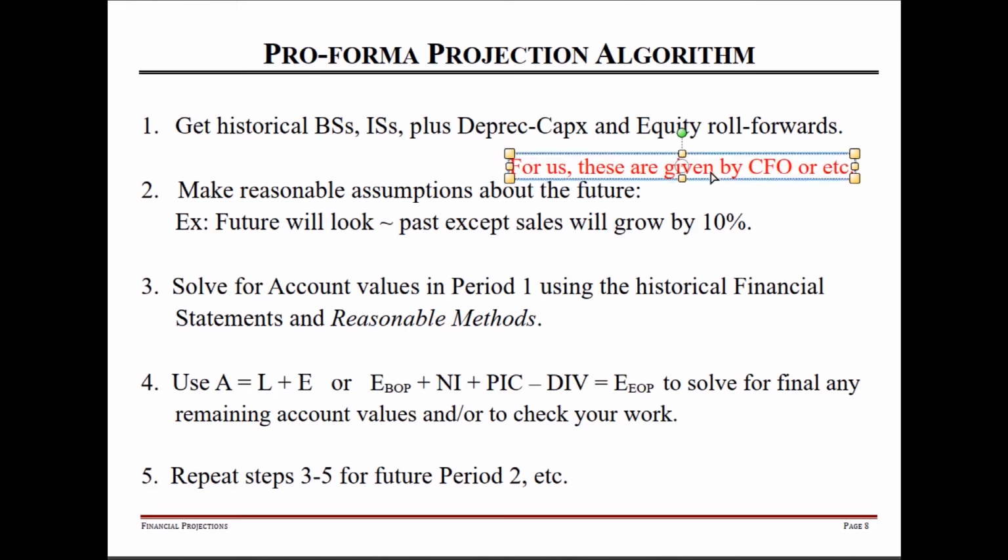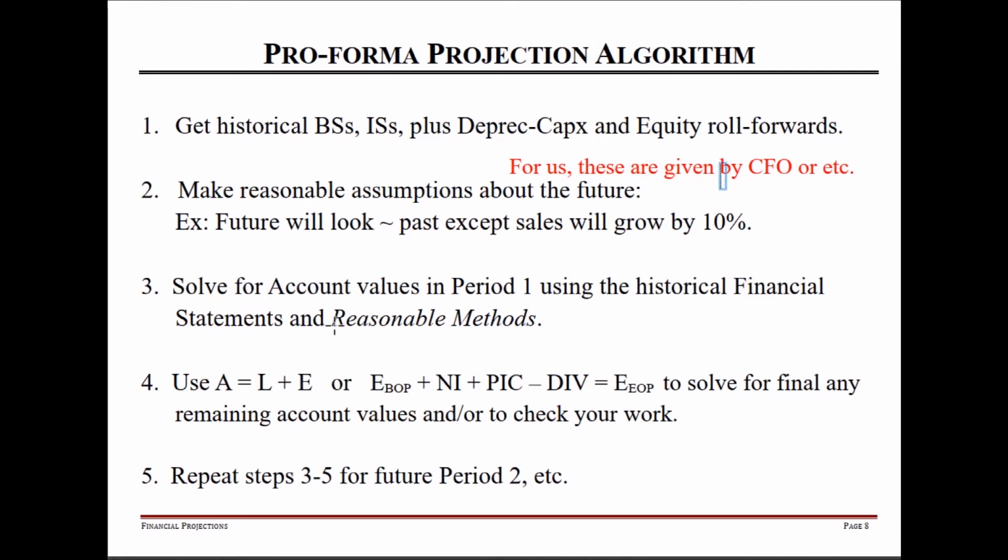I would expect that the CFO or someone else would be giving you these. And then we just, with all the stuff the CFO has given us and anything that hasn't come from the CFO, we know we have to project as a constant percent of sales.